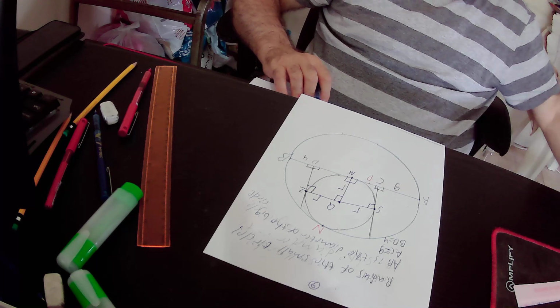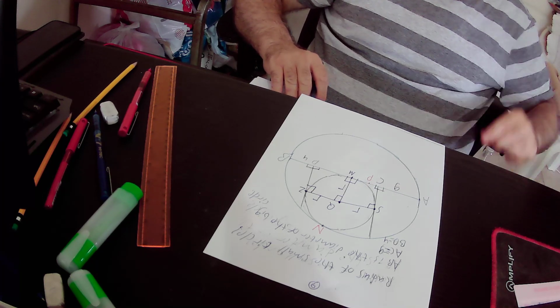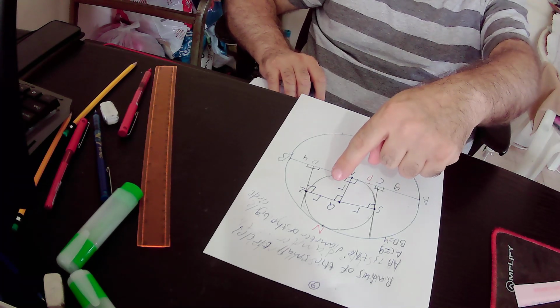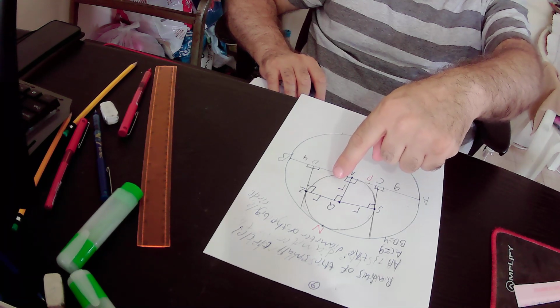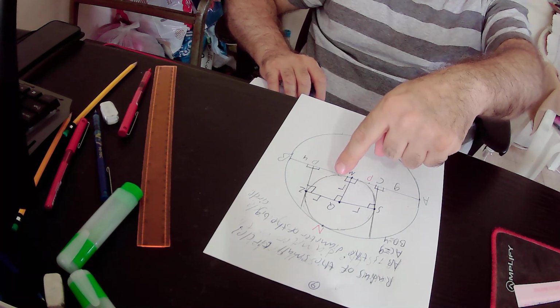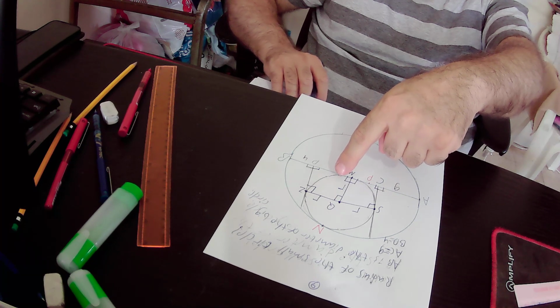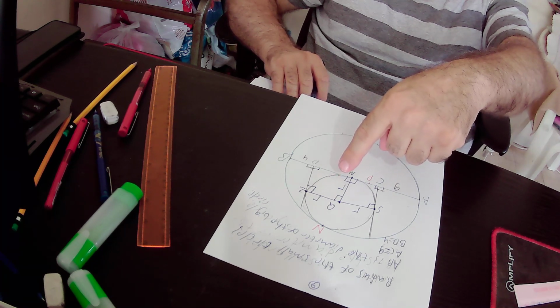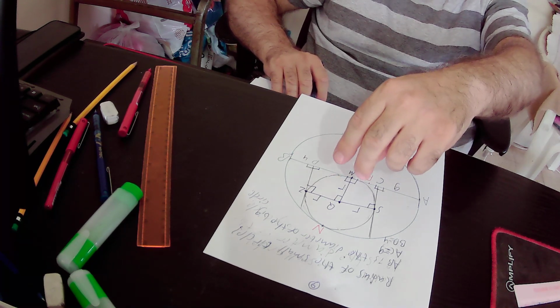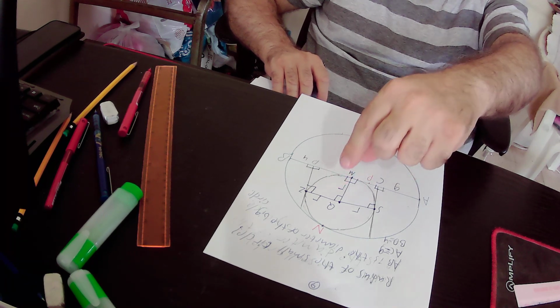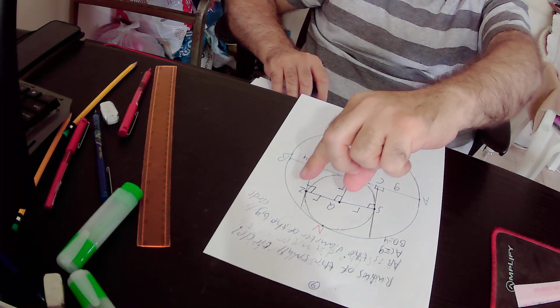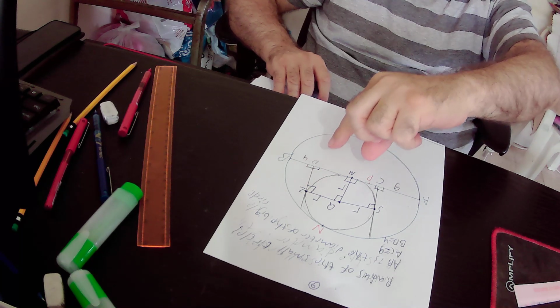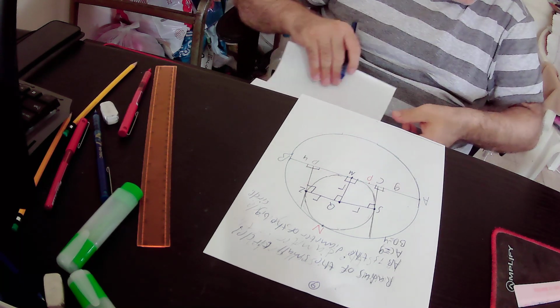So actually, quadrilateral QZMD is a rectangle according to rule number 3 because it has 4 right angles. The opposite sides of this rectangle QZMD are equal to each other. That is to say, QZ equals MD according to rule number 4.